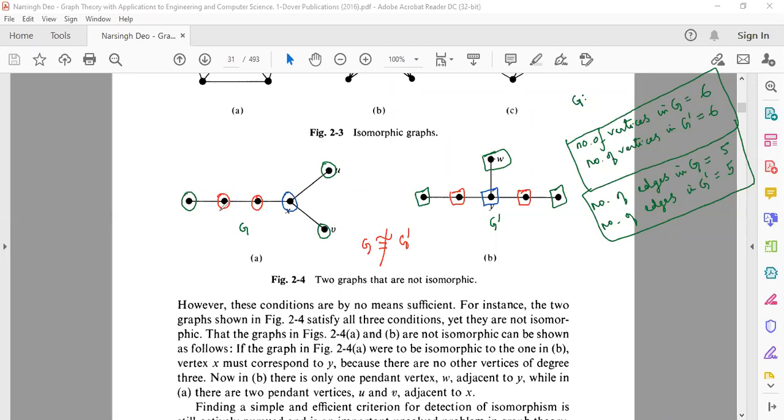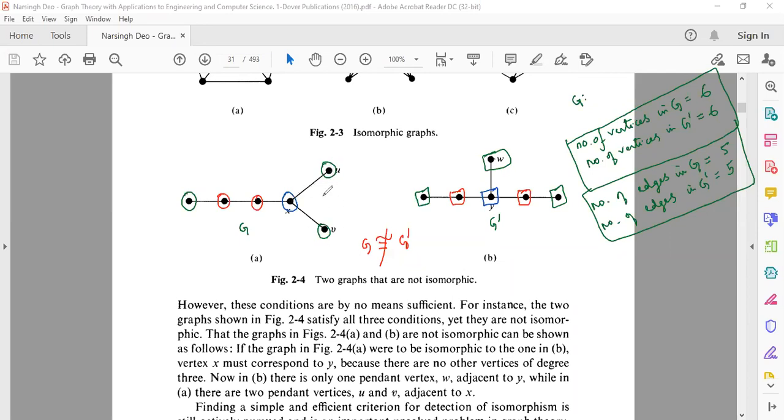And therefore, we have to study why is it so. Now you see one fundamental thing, you cannot give any distortion to the graph capital G to get graph G prime or vice versa. Why? Because in this particular graph capital G, this vertex which is having degree 3 is connected to two pendant vertices.